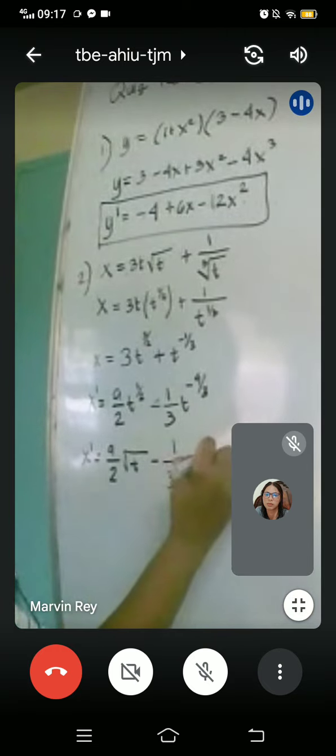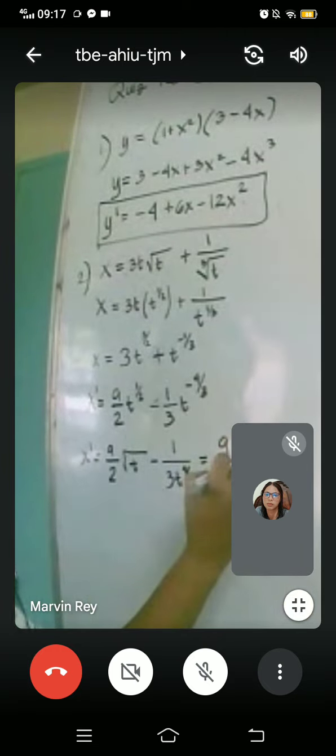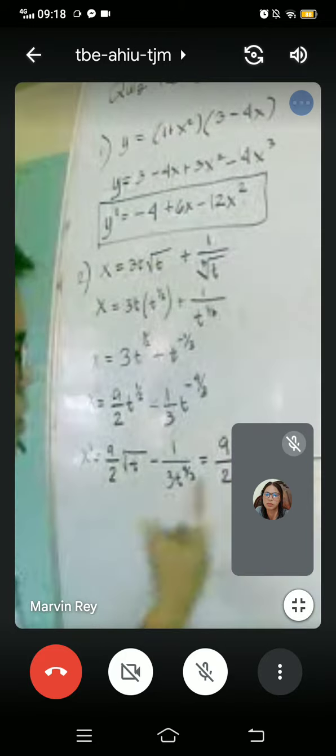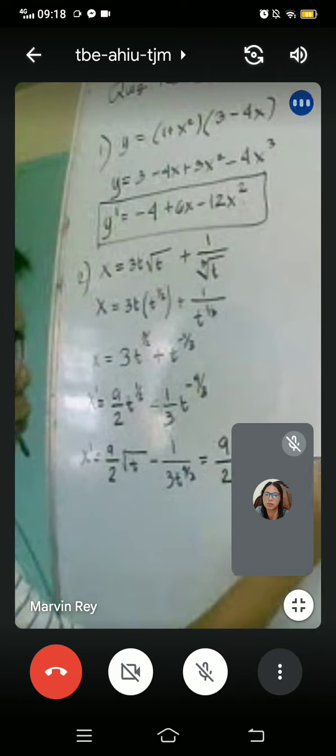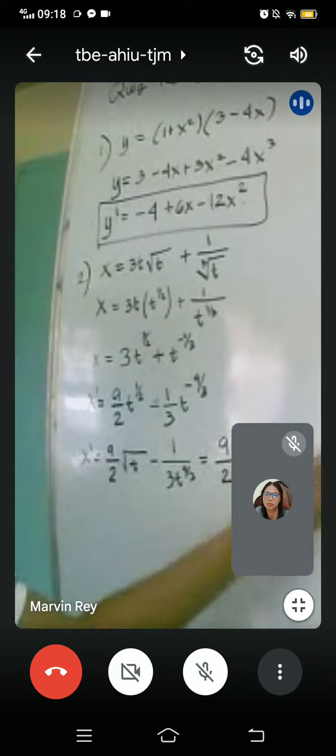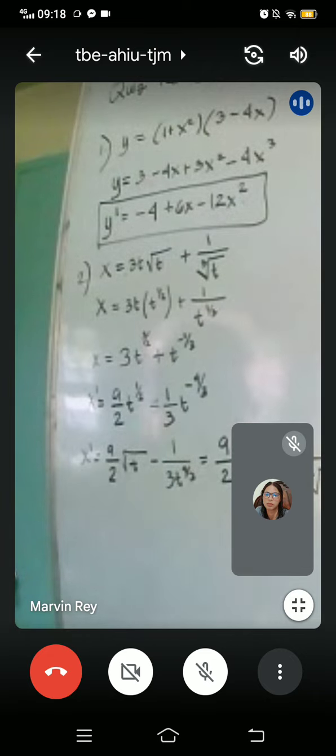Then you can convert it back to its original radical form: 3 cube root of t raised to the power of 4. Actually, this can be the final answer, but it can still be simplified.